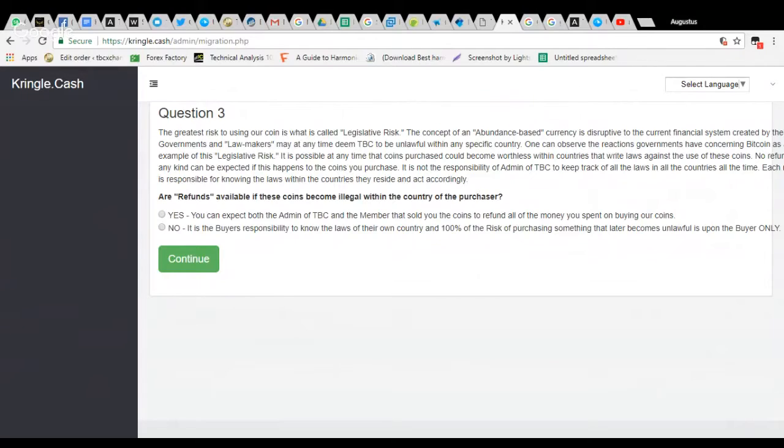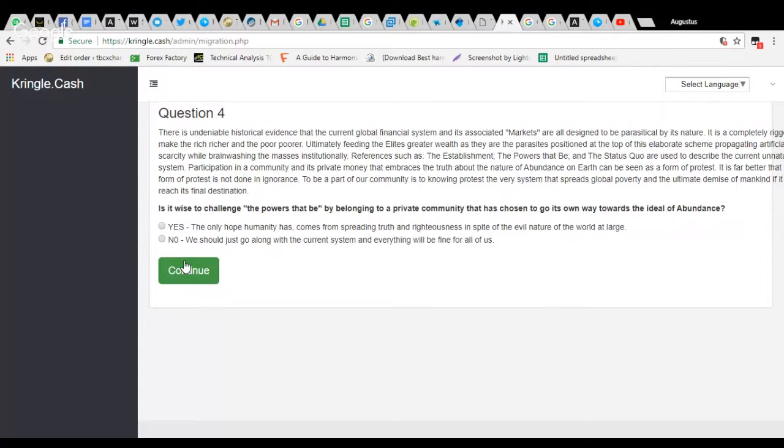The first answer, yes, you can expect both the admin of TVC and the member that sold you the coin to refund all the money to you. No, it is the buyer's responsibility to know the laws of their country. So that is what we just read. So we choose the right answer and then we'll continue to the fourth question.